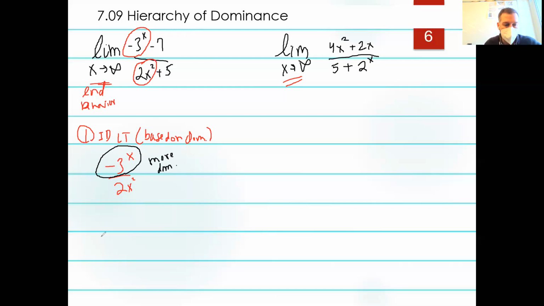Now, why this is important is because this is going to give us two different scenarios. Scenario one would be if the numerator is dominant. And scenario two is going to be if the denominator is dominant.